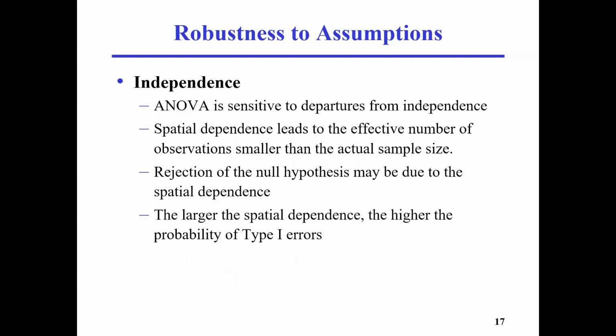You have to make sure that within each sample, all those observations were independently collected from each other. And between samples, all those samples should be collected independently from other samples. So that's all I want to say about ANOVA.